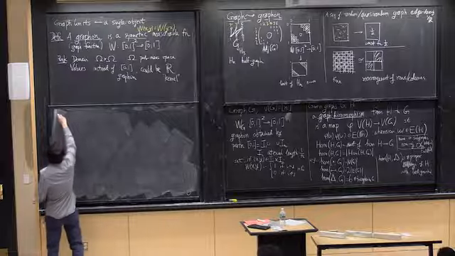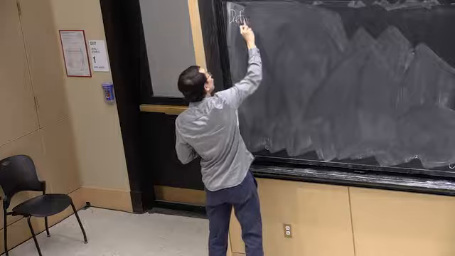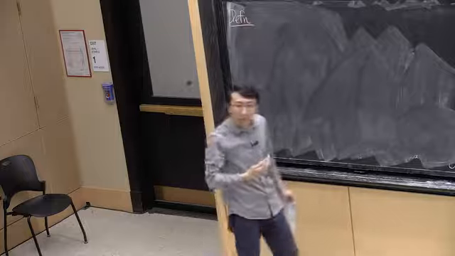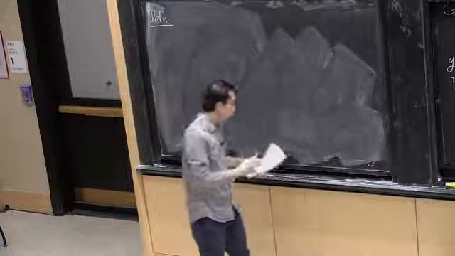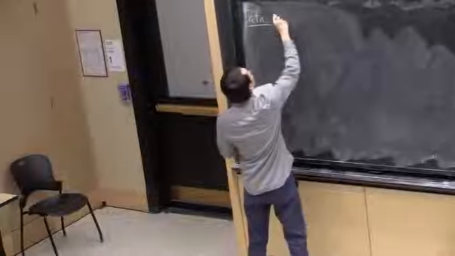Right, so here's an important definition on the convergence of graphs. In what sense can we say that a sequence of graphs converges?